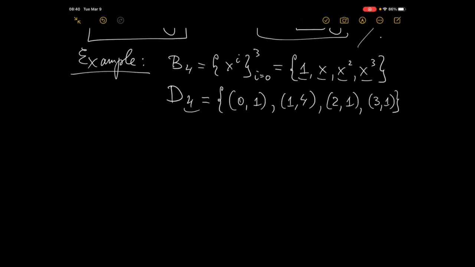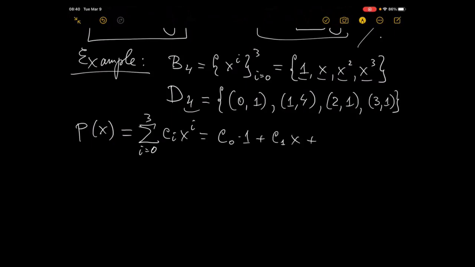Now I'm trying to find my interpolant in the following form: the sum for i from 0 to 3 of ci x to the power i, or in other words, c0 multiplied by 1 plus c1 multiplied by x plus c2 multiplied by x squared plus c3 multiplied by x cubed.